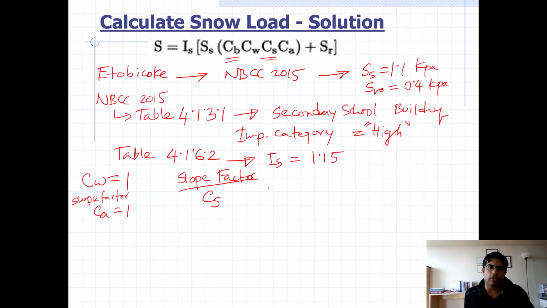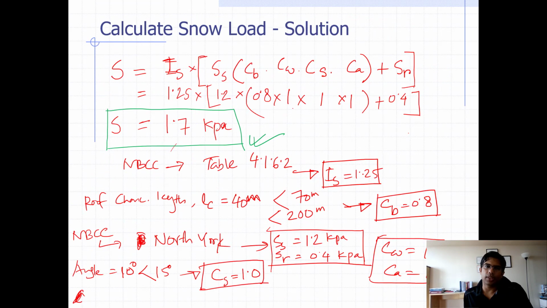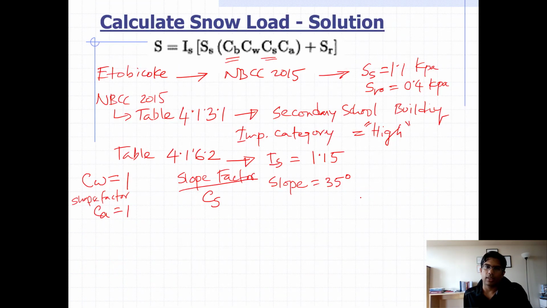The slope is given as 35 degrees, which is more than the limit, I guess. If you check the snow section, we can see the equation, and the CS value should be calculated as 70 degrees minus 35 degrees, divided by 40 degrees.